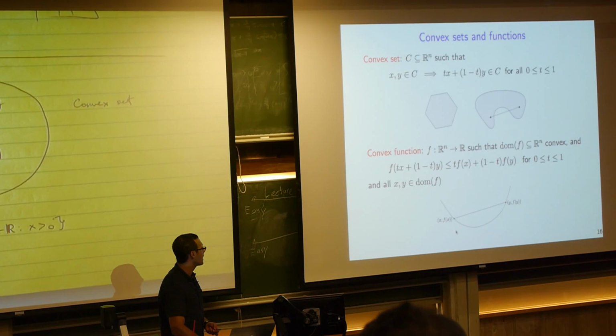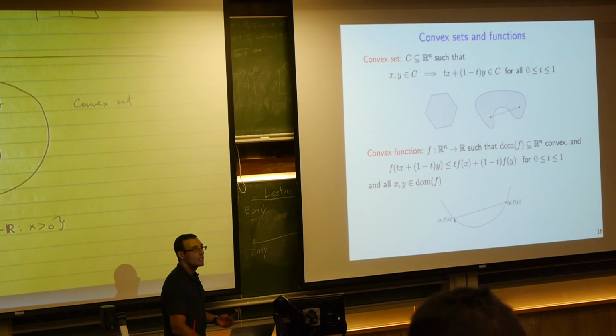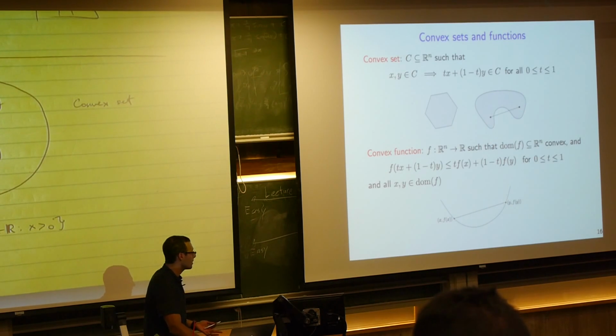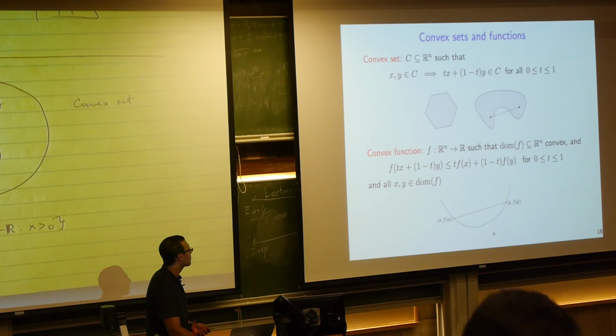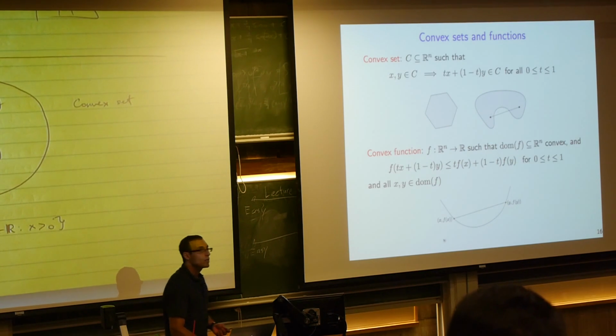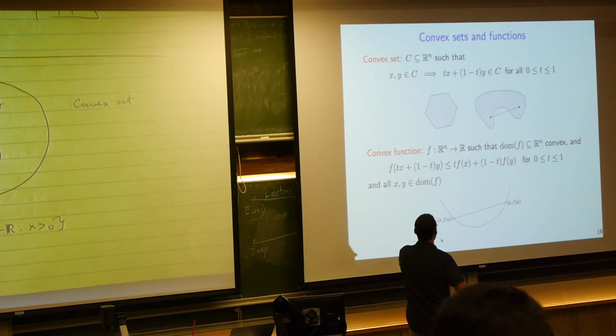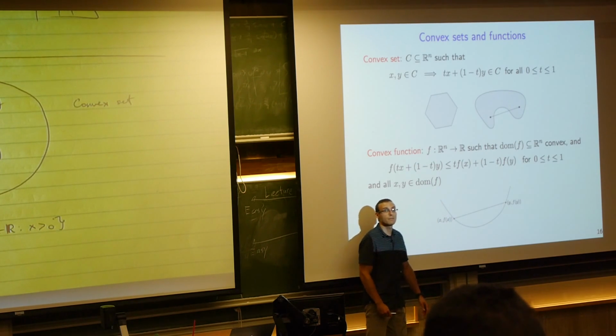This is the point x comma f of x. If, for example, my function is defined on R, this is y comma f of y. And this is what it looks like to evaluate f at any point in between x and y. A convex function must have the property that the graph of the function lies below the line segment joining x comma f of x to y comma f of y.